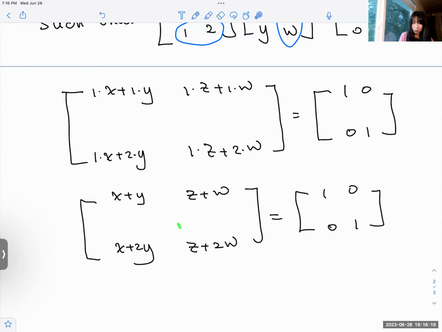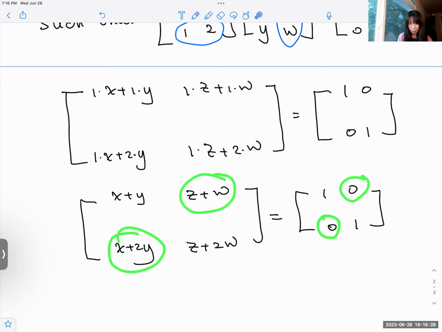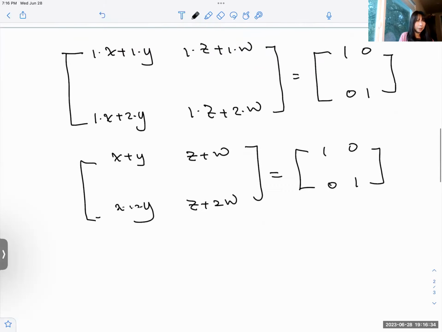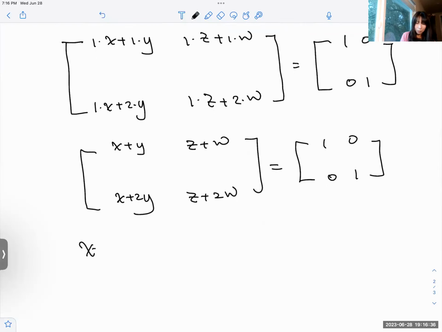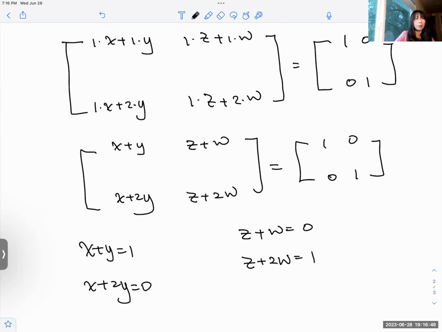We have 2 by 2 and 2 by 2, so each entry corresponds to the matching entry. So let us write down: x plus y equals 1, x plus 2y equals 0. And then we have z plus w equals 0, z plus 2w equals 1, right?